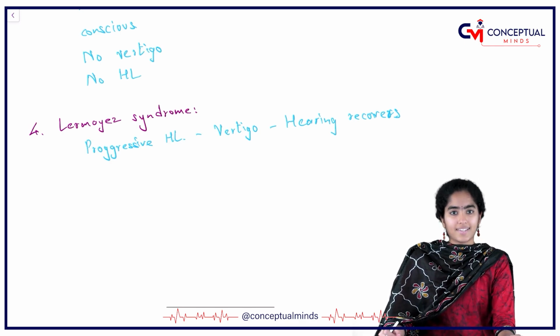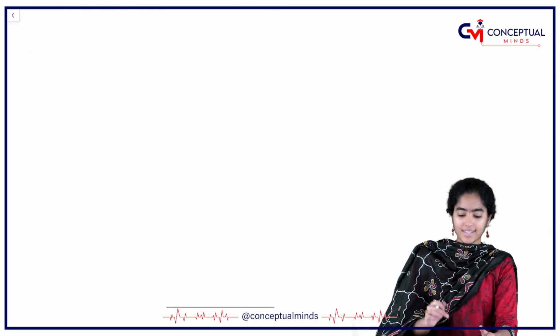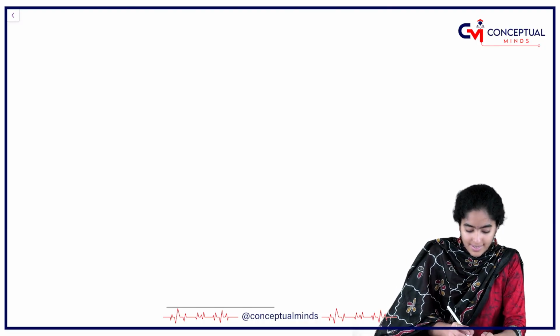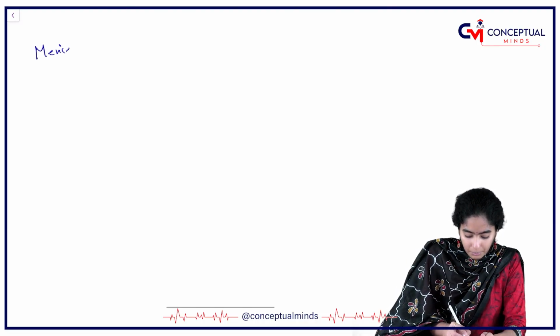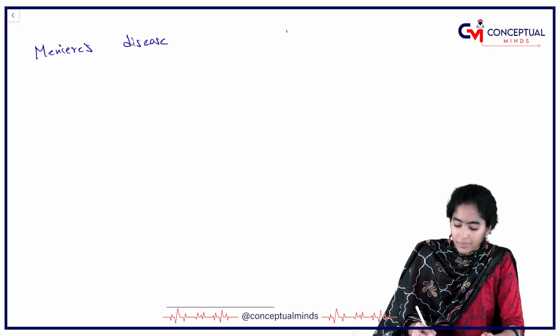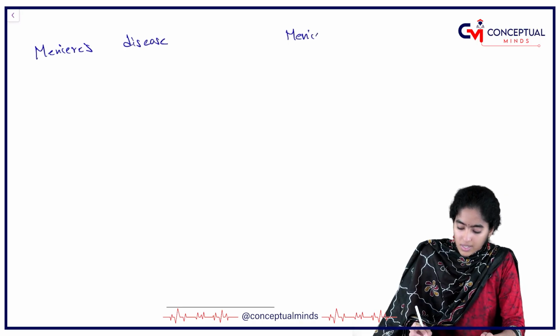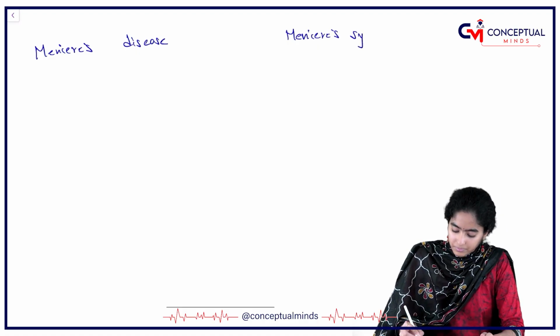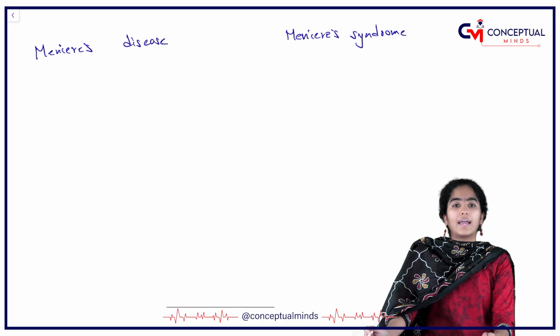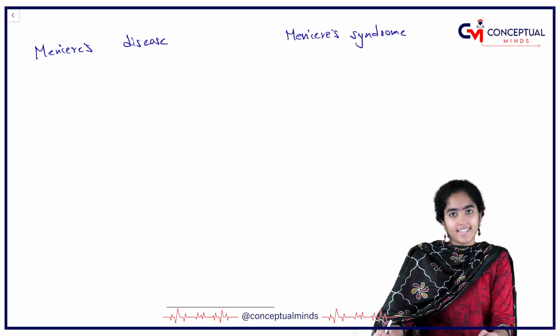And now, there is another terminology that you need to understand, that is Meniere's disease versus Meniere's syndrome. What is the difference between Meniere's disease and Meniere's syndrome? Now, Meniere's disease is idiopathic.